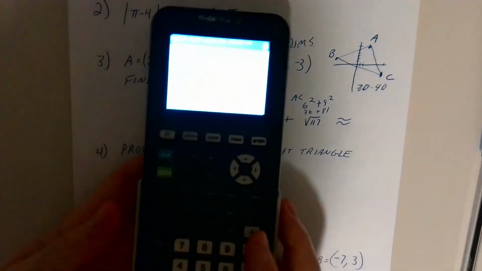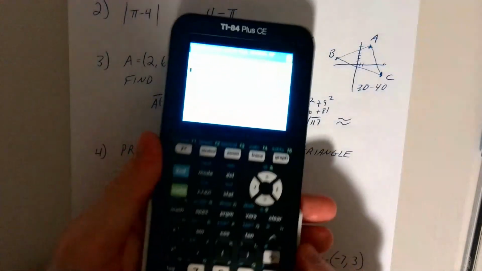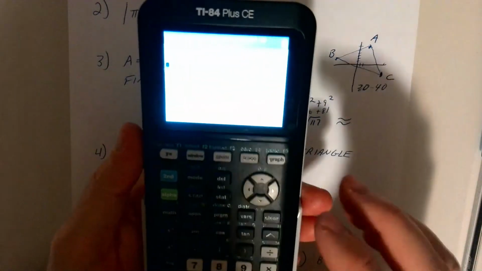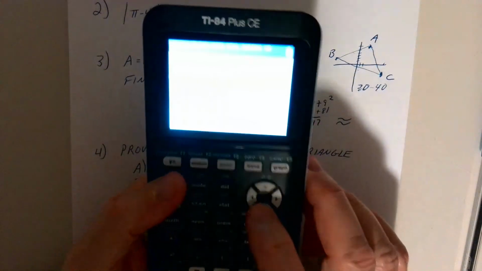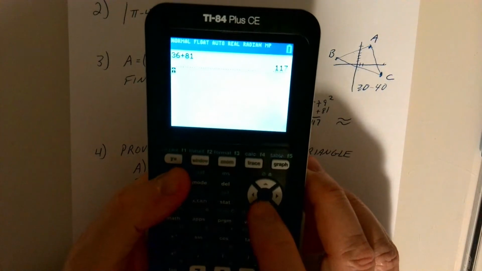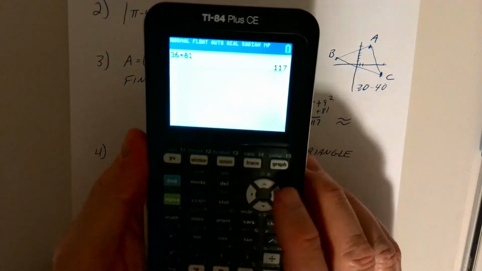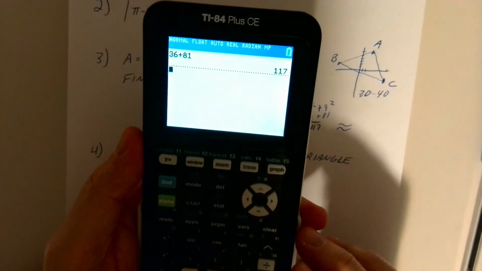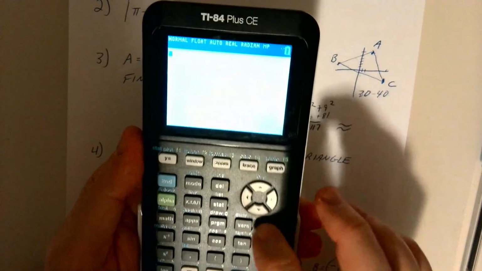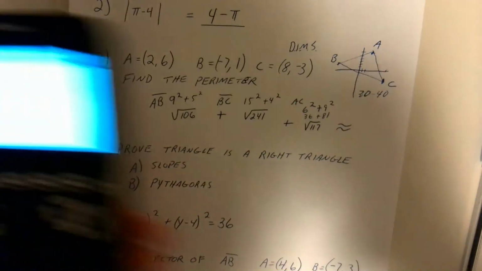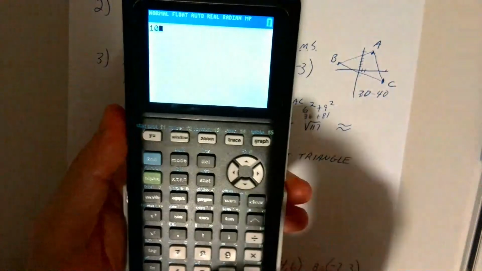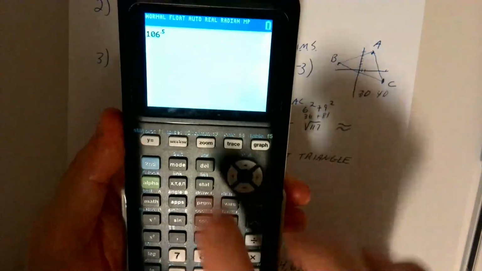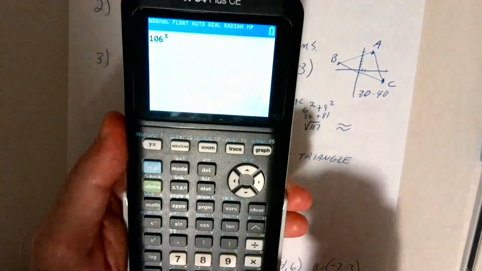So take your handy dandy calculator, if you can, right now. Does that show up a little bit better for you guys? Go ahead and put those in here. So I got 106 raised to the 0.5 power. That's the same as a square root, right?